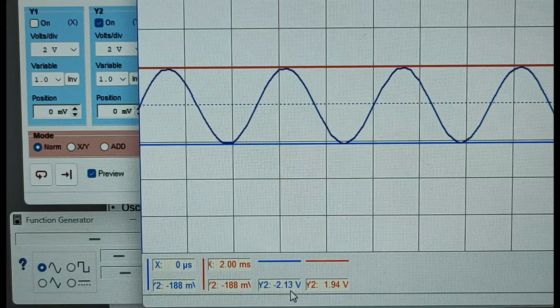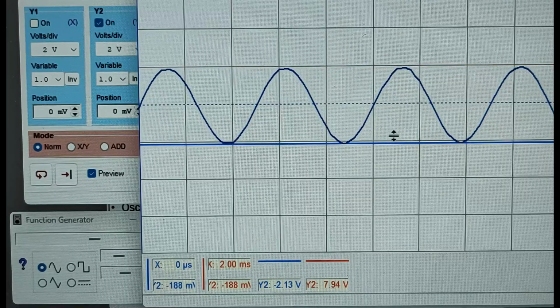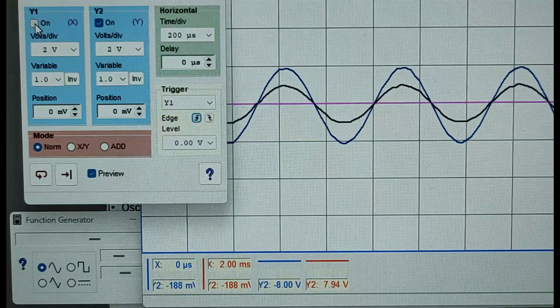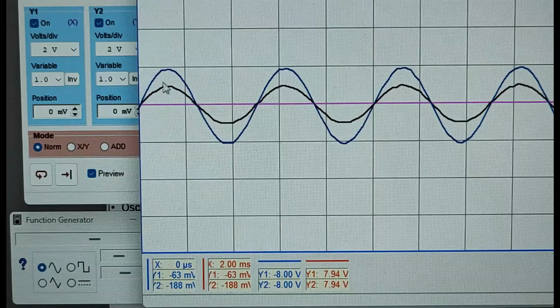So we got 4.07 volts peak to peak on the output waveform, and we have 2.06 volts peak to peak on the input waveform. So more or less, the output waveform is about twice that of the input waveform, which actually confirms our theoretical value of our amplification factor, which is 2.